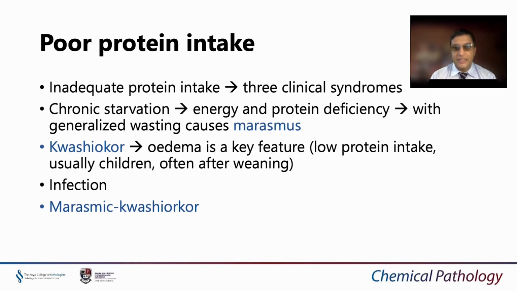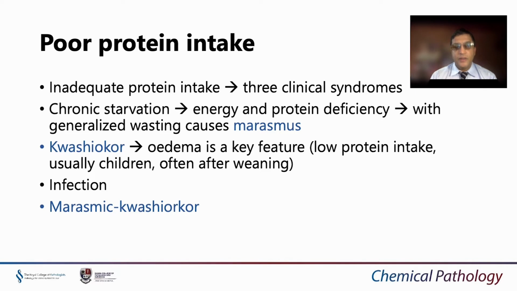Kwashiorkor, on the other hand, is characterized by edema. This clinical feature can be unilateral or symmetrical and is a result of low protein intake. It usually occurs in the children population and it occurs after weaning.